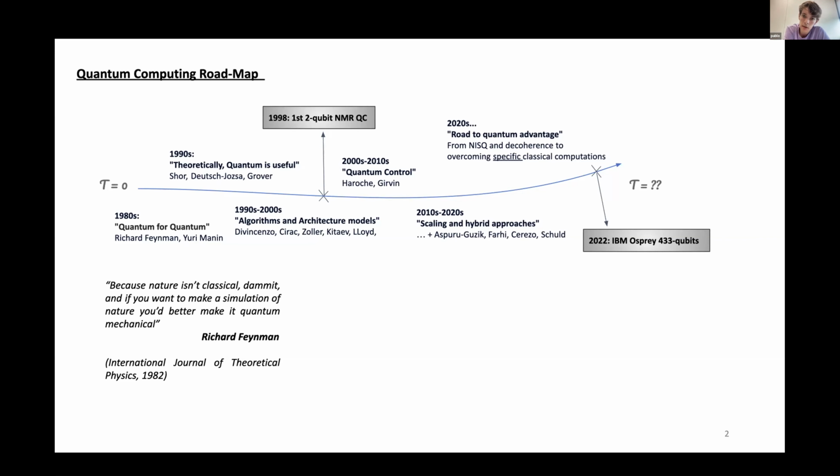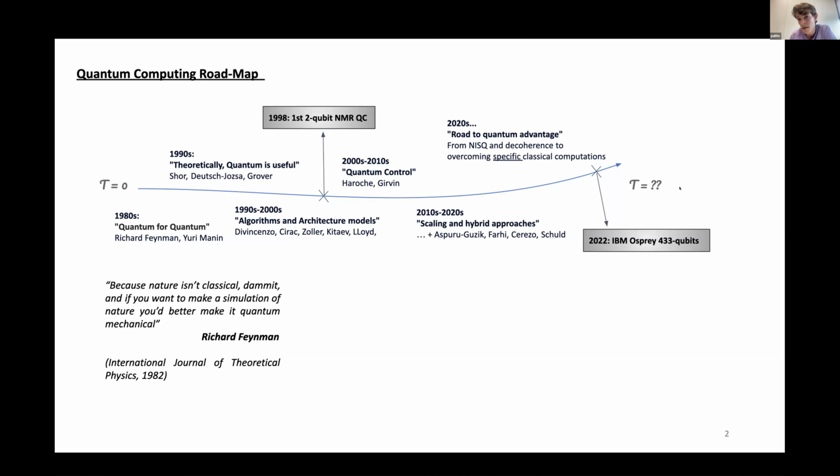To do that, we have tried what are called hybrid approaches, mixing quantum and classical devices to take advantage of quantum phenomena to perform certain computations.